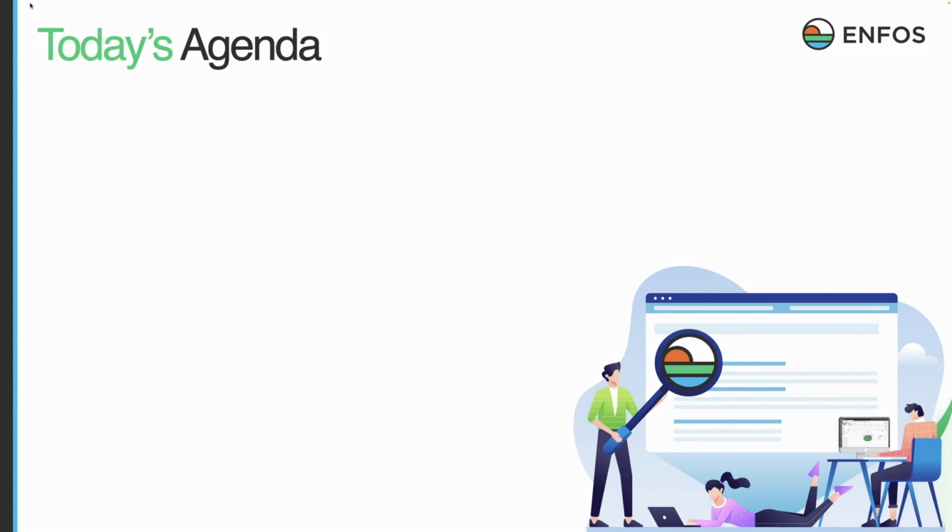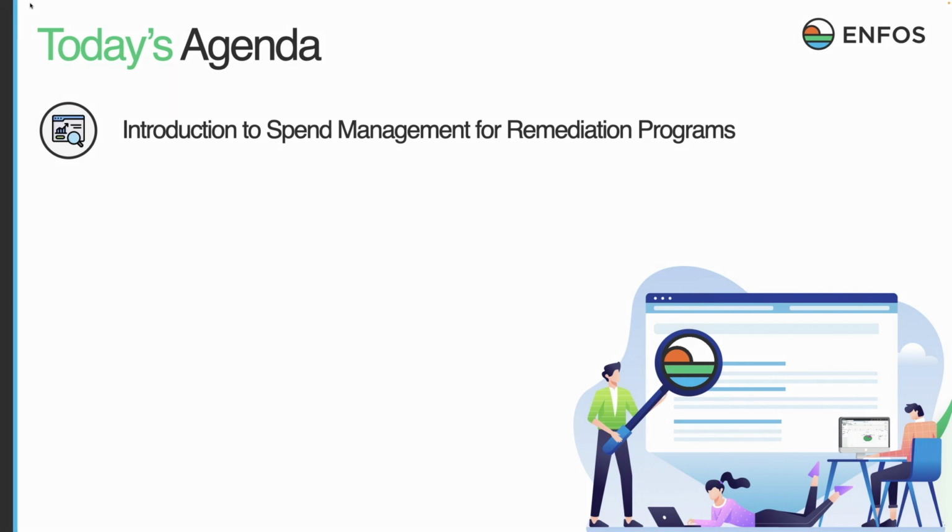So today's agenda, we're going to start out with an introduction to spend management for remediation programs. And we know how important cost control, spend management, and cash flow are. We know how important those aspects of running your business are. So today we're going to devote our hour just to that.